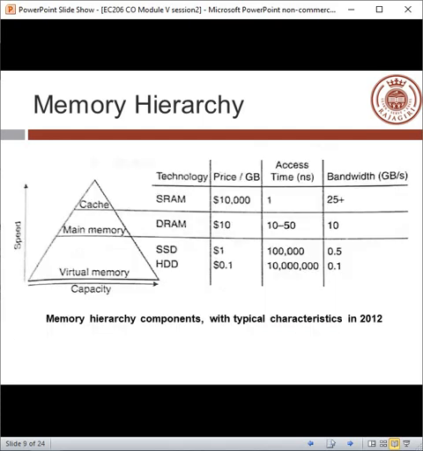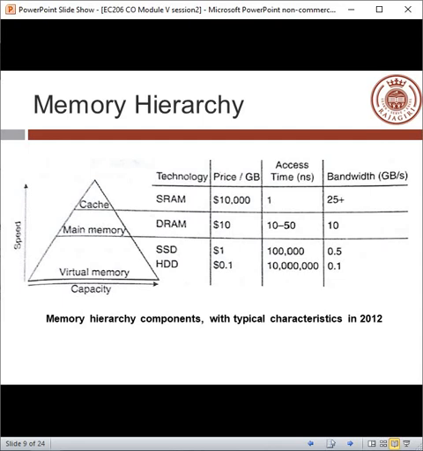This is another view of the memory hierarchy. On the y-axis we have speed, and on the x-axis we have capacity. At the top of the hierarchy we have cache. It has very high speed, but capacity is very, very less. Main memory has some intermediate speed and some intermediate storage.